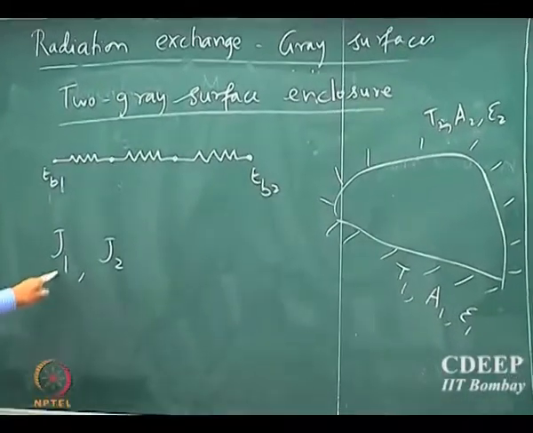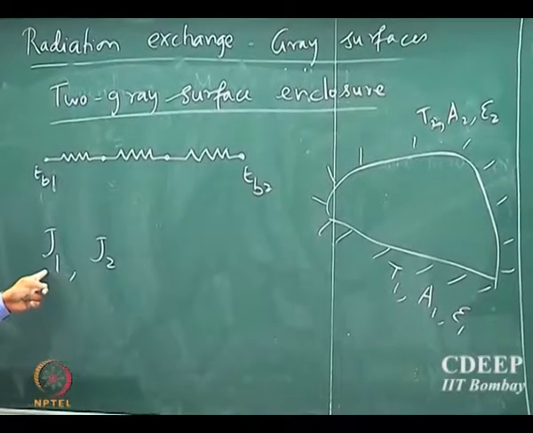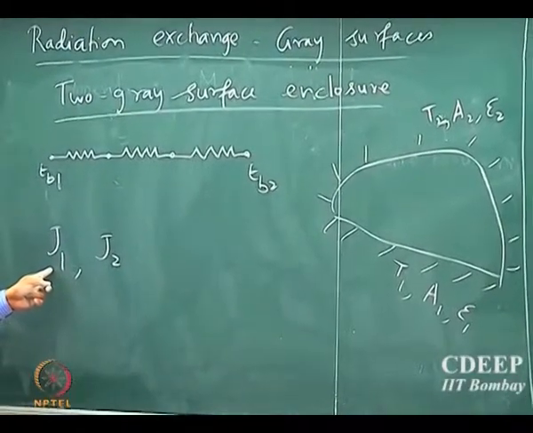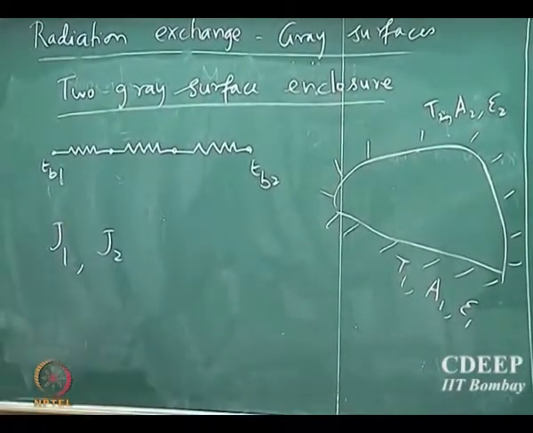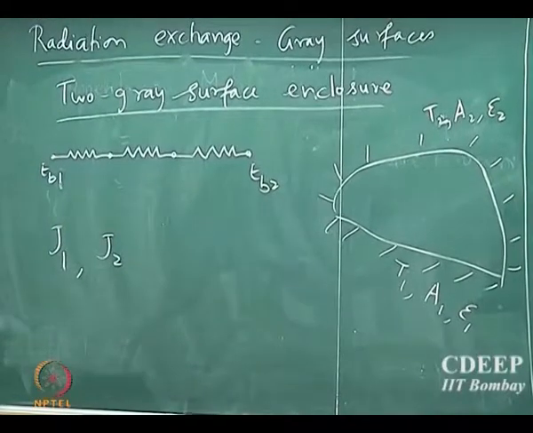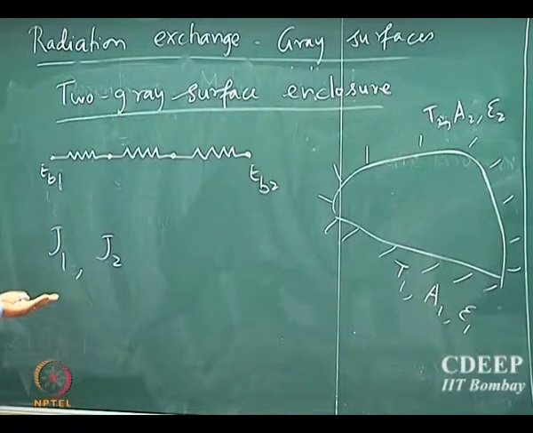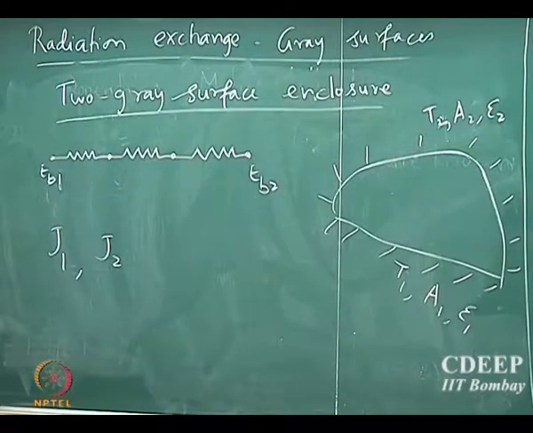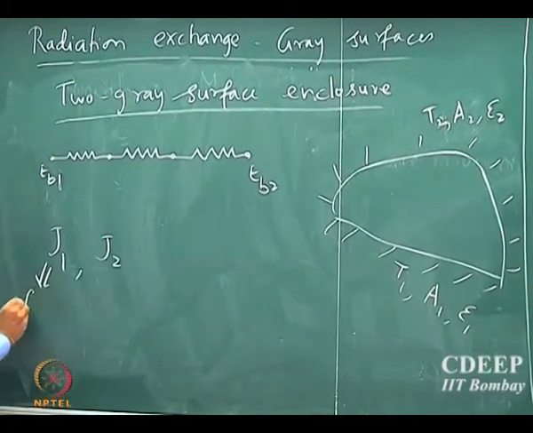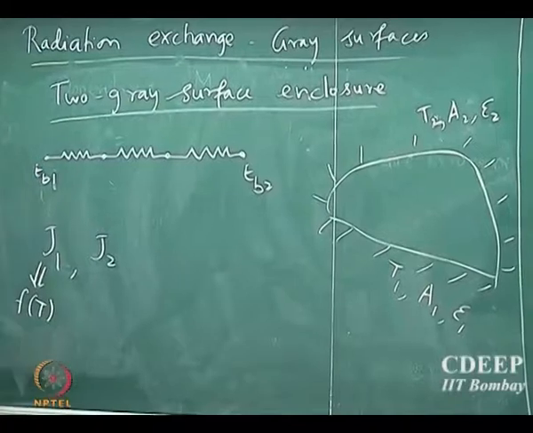So, what is it function of? It's function of temperature and anything else, or that's it? This is total quantity, right? So, this is integrated over all angles and it's integrated over all wavelengths. So, this is only a function of temperature, correct?